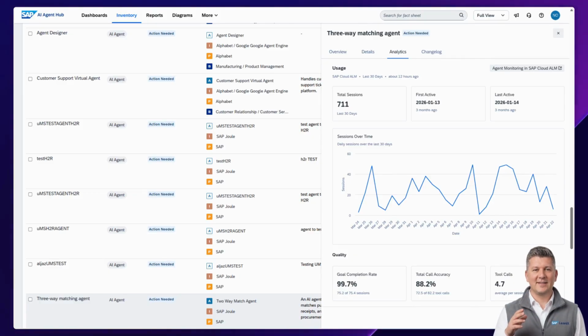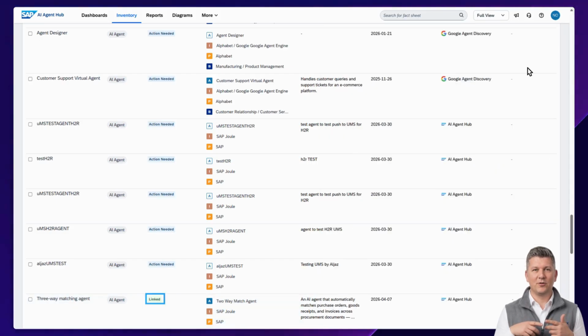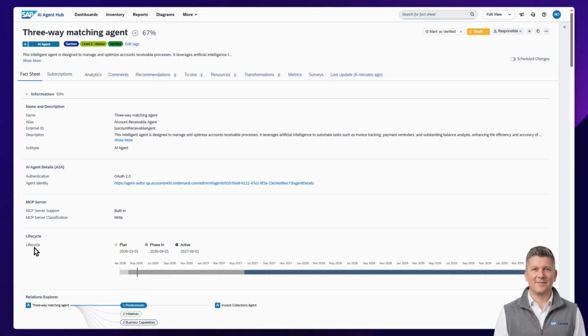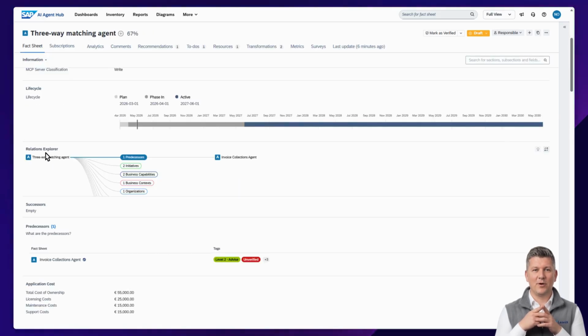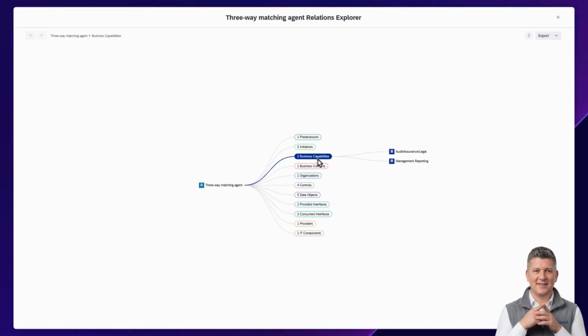Once Ava validates it, the agent is formally added to Arcstone's inventory, becoming part of a governed portfolio through its dedicated fact sheet in SAP LeanIX. Ava gains a comprehensive view of its role within Arcstone's enterprise architecture. This includes its lifecycle status, ownership, and how it connects to business capabilities, initiatives, and underlying IT components, extending visibility and context.